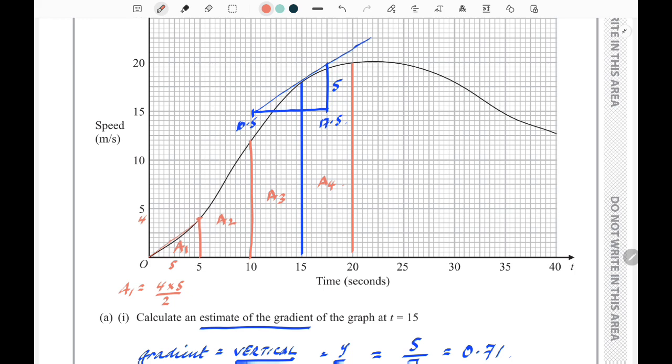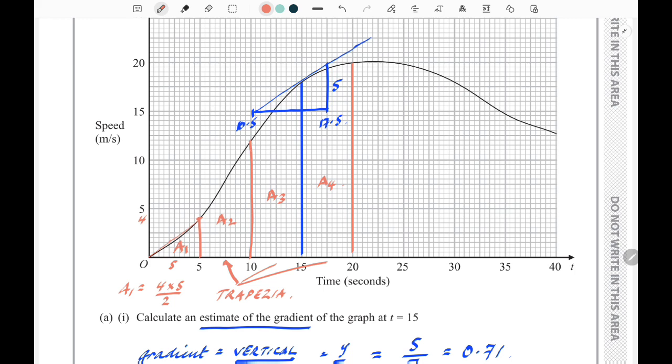All right. Now, that's the only one that can be treated as a triangle. The others are going to be trapezia. All right. So you need to use the area of a trapezium for this.